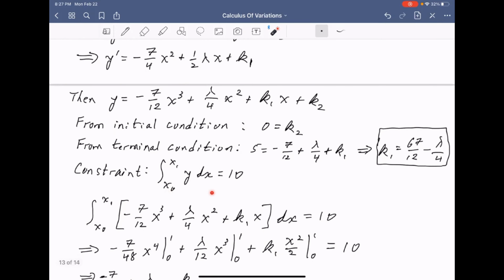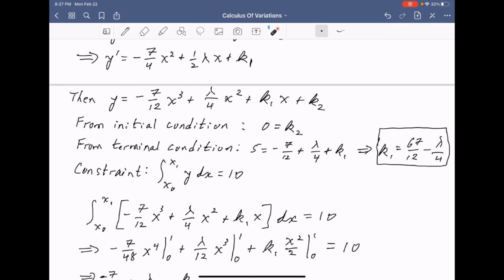We also have this constraint that the area underneath the y function has to be equal to 10. So now we integrate this y function, which is now what we've calculated. Since k2 is 0, we have left this part of the function, and we're going to integrate that from x0 to x1.